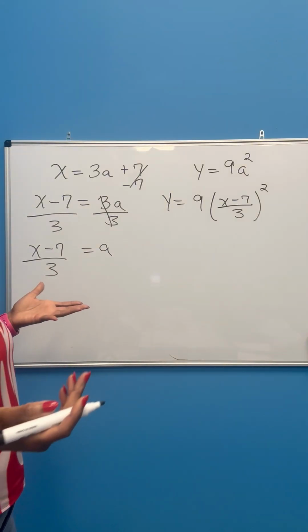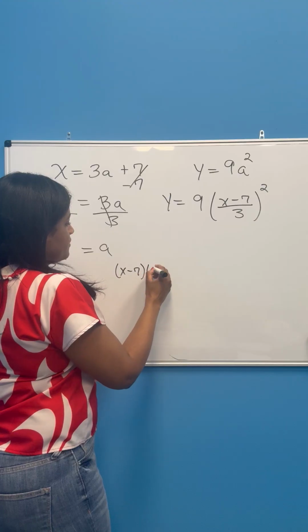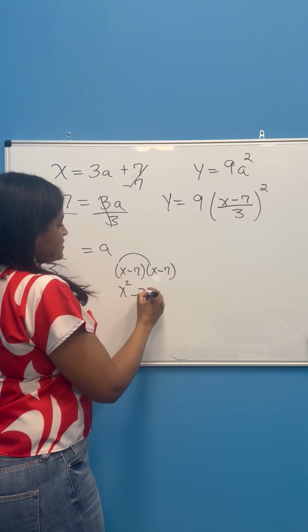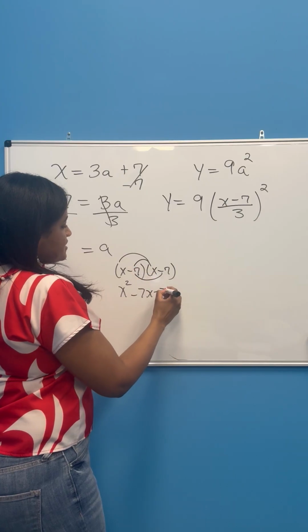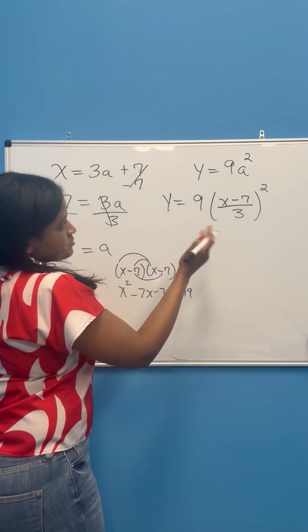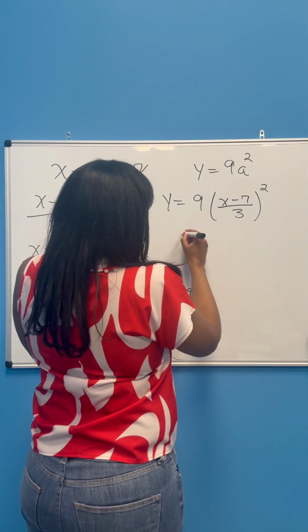What I would normally do is FOIL and get x squared minus 7x plus 49 on top, and on the bottom it would just be 3 to the second power, which is 9.